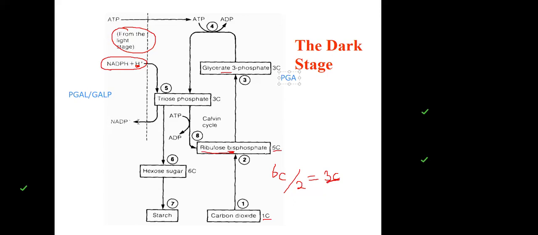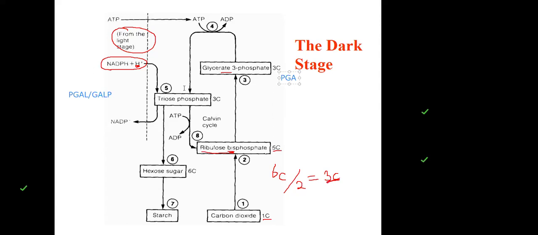This oxidized NADP is going to go back into the light stage and wait to be given a hydrogen ion from the splitting of water, while this ADP is also going to go back, where it's going to wait for the addition of a phosphate, as we saw earlier.